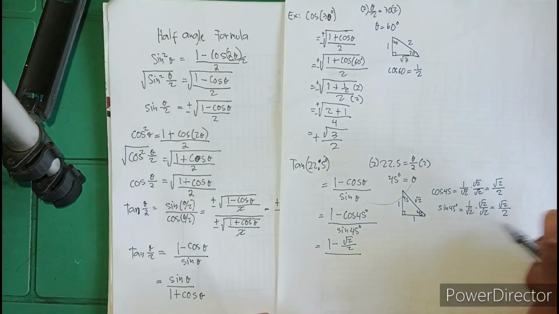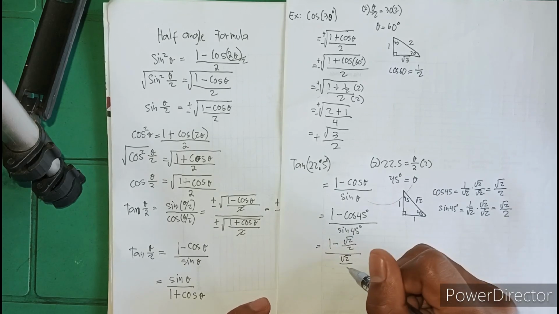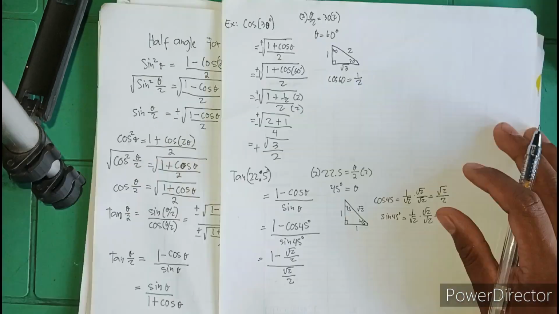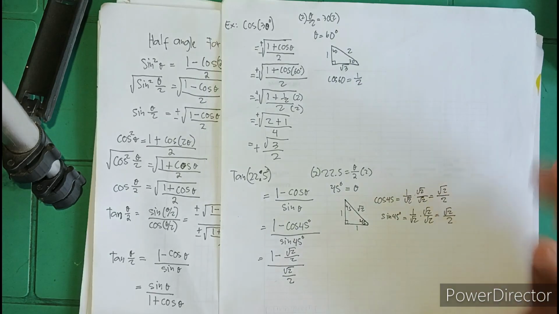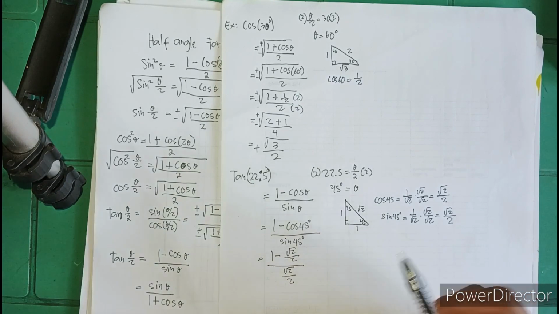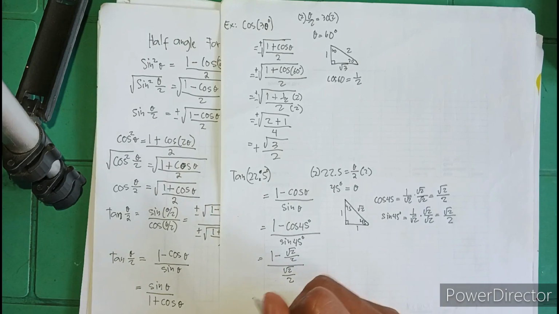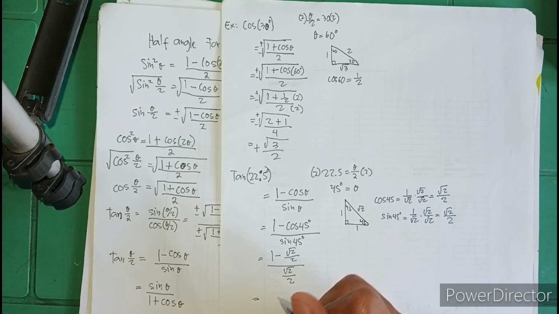So substitute sine 45 as square root of 2 over 2. So 1 minus square root of 2 over 2, divided by square root of 2 over 2, is the same as, if we flip this denominator, 2 over square root of 2.